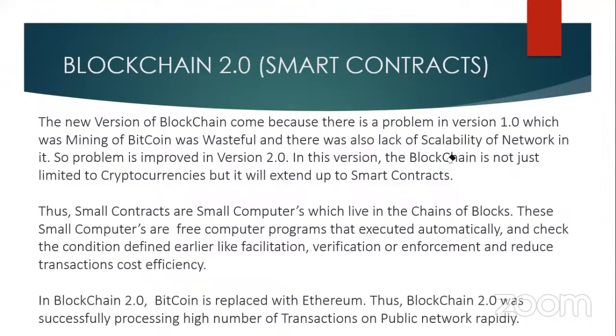They are computer programs that are executed automatically. Meaning, if you code a smart contract, it doesn't need a third party, or a person, in order to do its work. So far as the condition which you set is met, it will perform the very reason why it was developed.